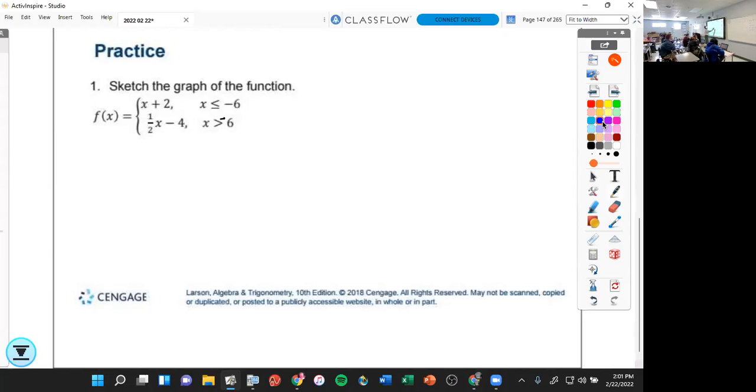Okay. If you remember when we were graphing these, I would tell you, I'd say, well, let's graph the line, right? Then I would put an open or a closed circle at one part of it, and we would erase. Okay. So let's look at the first one. What does the graph of X plus 2 look like?